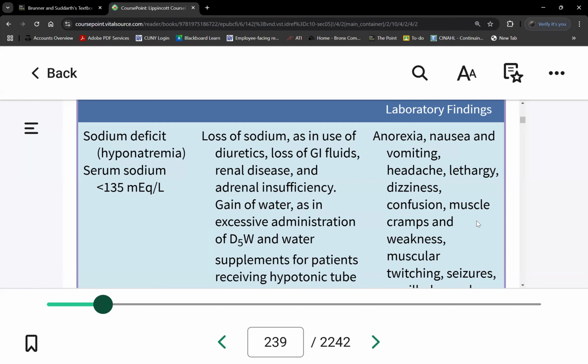If the patient has low sodium, water will go where? Into the brain cells, correct? So there will be cerebral edema. Can that trigger seizures? Yes. So one of your interventions in managing hyponatremia will be seizure precautions.